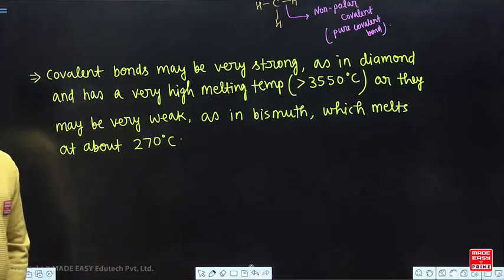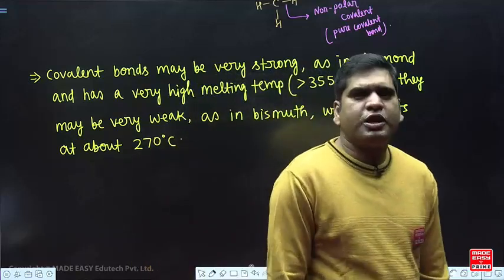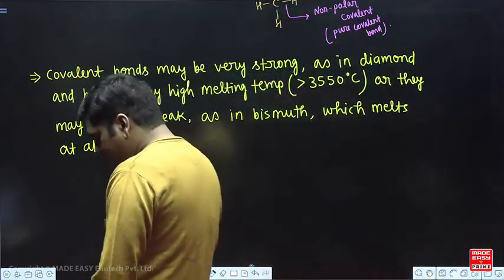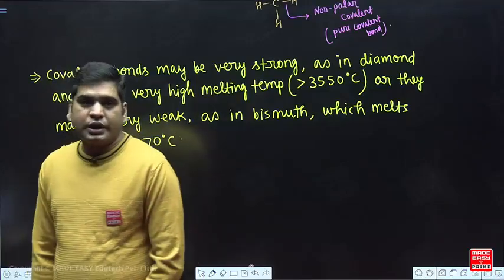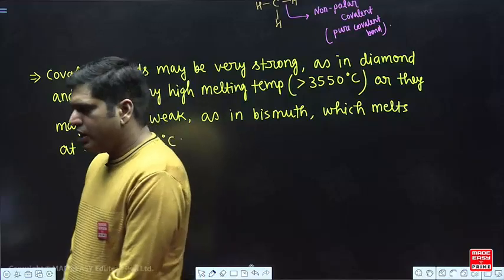So they can be very strong, they can be very weak, but in general most of the covalent bonds are weaker than the ionic bond, although there are a few exceptions, like the bond in diamond is very strong, that can be the exception, but in general most of the covalent bonds are weaker than the ionic bond.